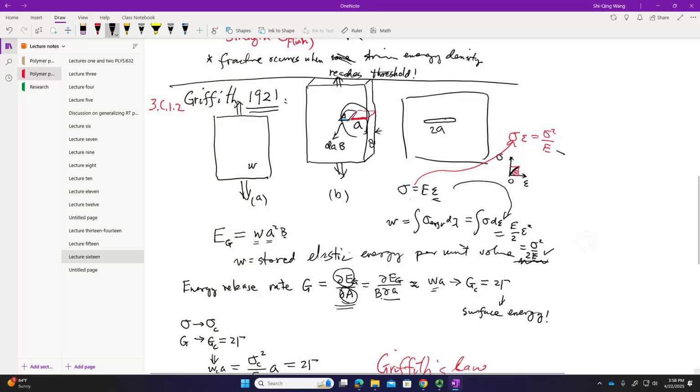So this is Young's modulus, right? And now I call the EG this energy release rate.